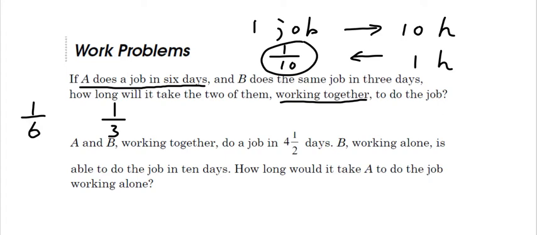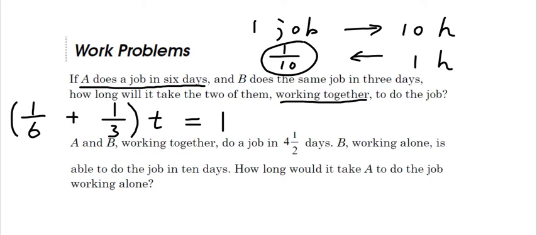Okay. So if they work together, 1 day is this, right? In 1 day they finish so much. And how long? We put this as T. After T days they finish the job, so one job, equal to 1.